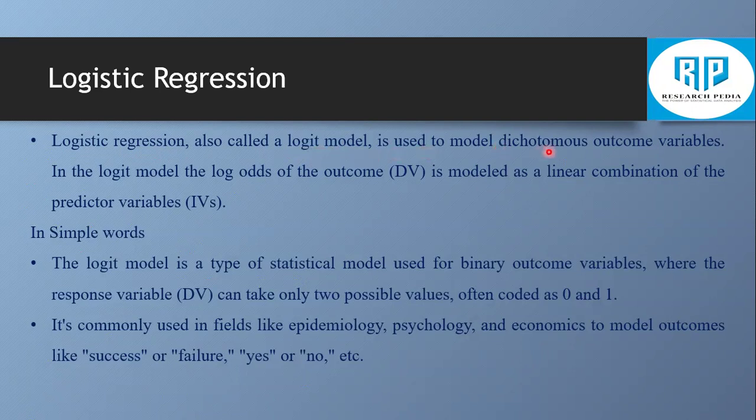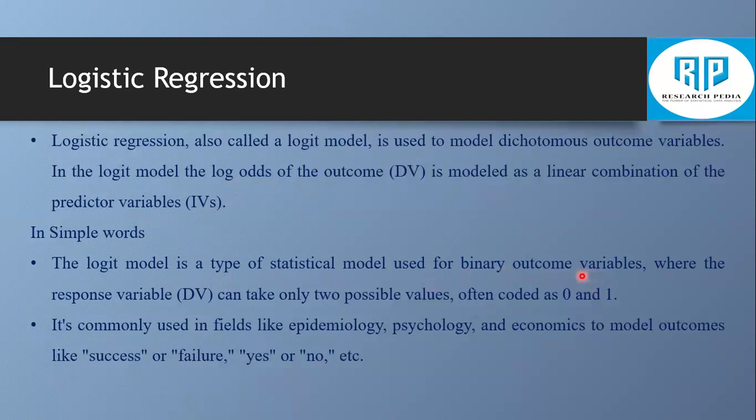It is used to model a dichotomous outcome variable. In the logit model, the log odds of the outcome is modeled as a linear combination of the predictor variables. In simple words, the logit model is a type of statistical model used for a binary outcome variable.